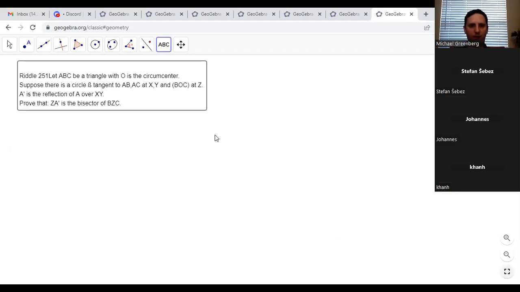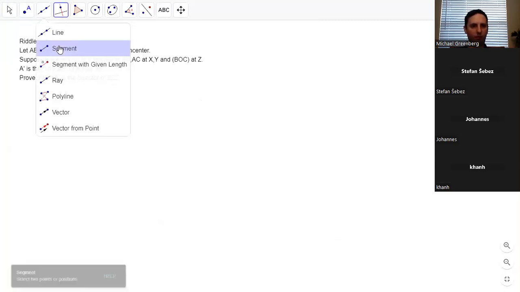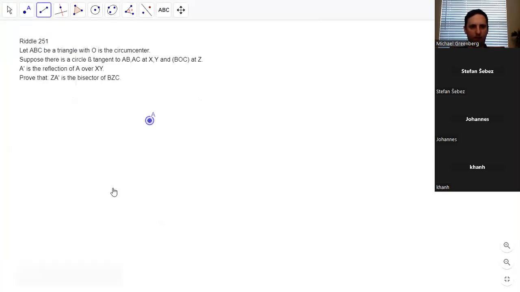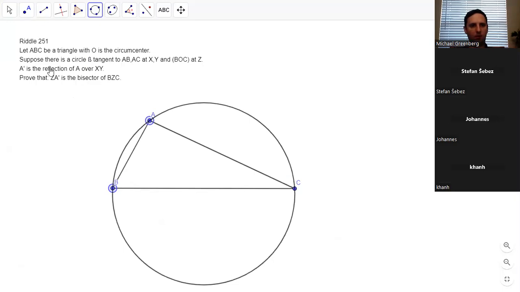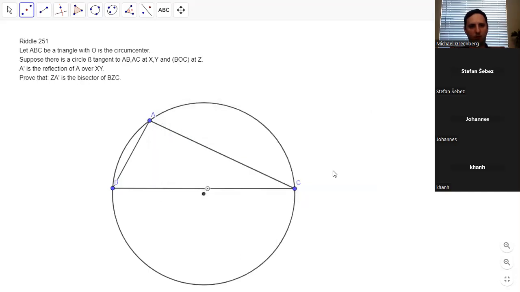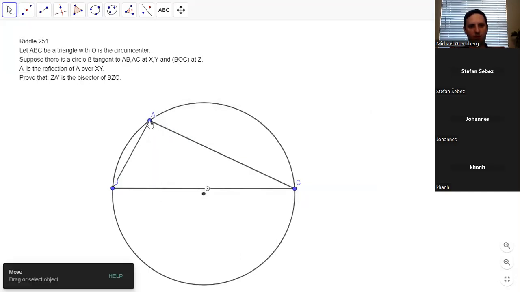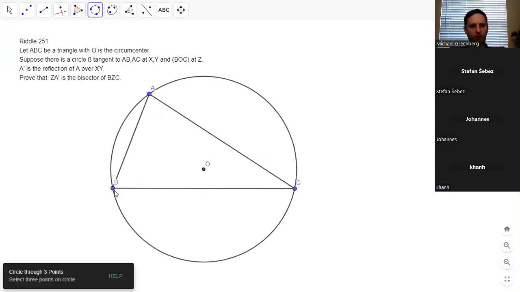All right. So we have a triangle ABC with circumcenter O. And here's where it gets tricky, because you draw the circumcenter and then you draw the circumcircle BOC.